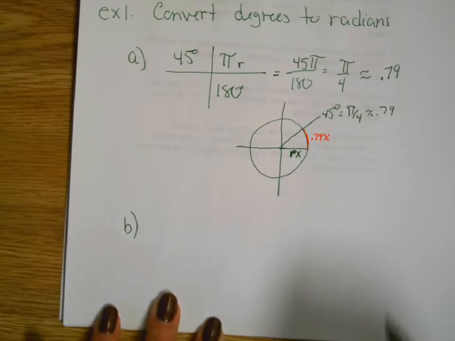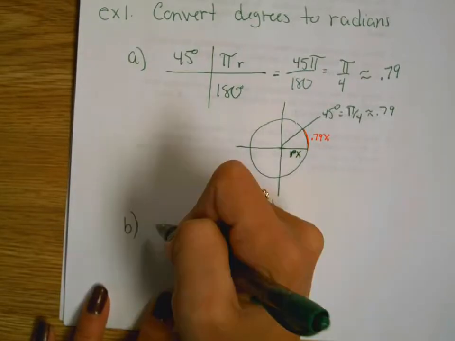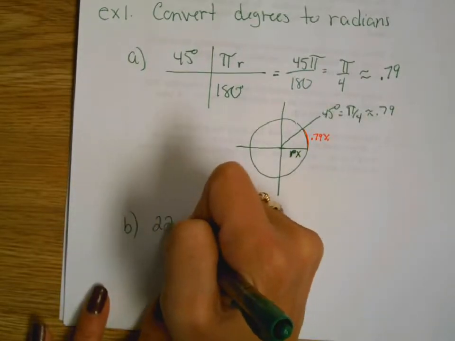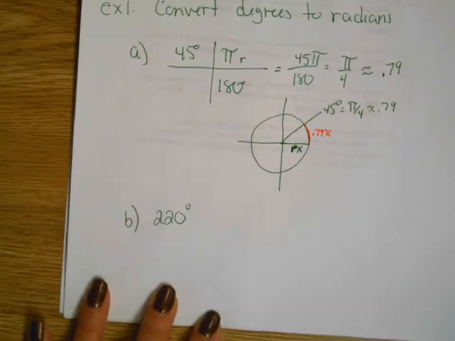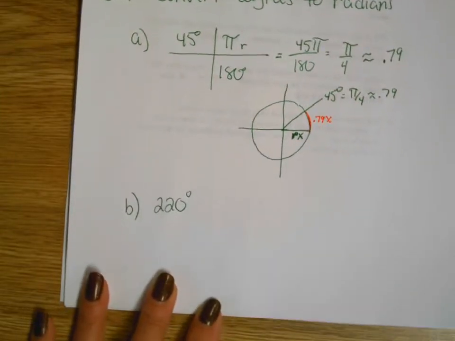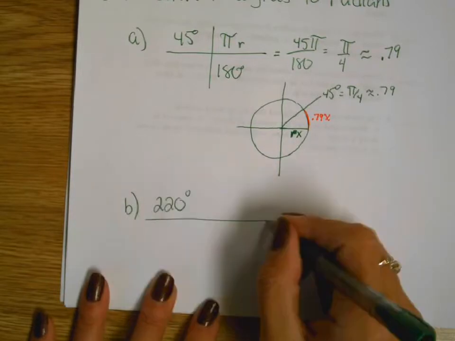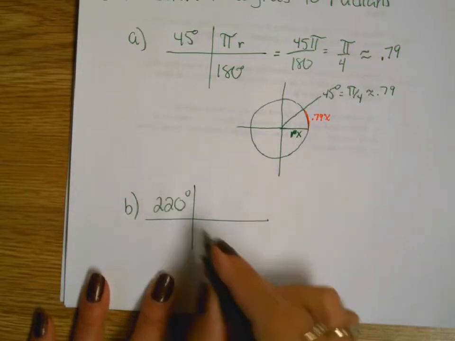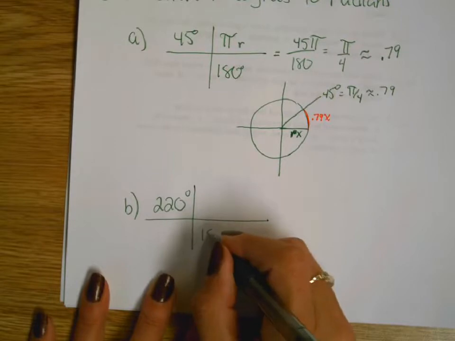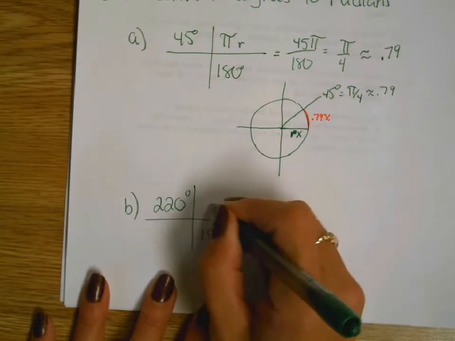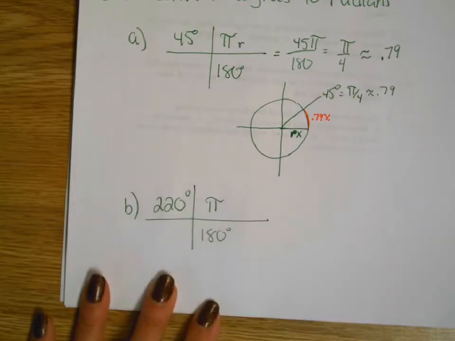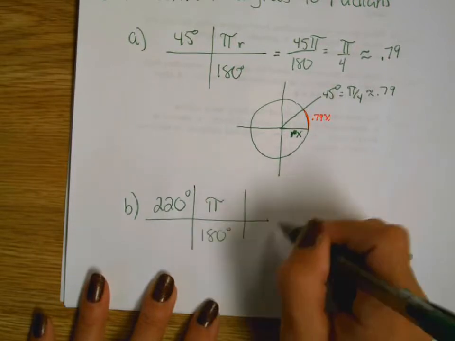Let's go with 220 degrees. Convert that to radians and show me what it means. So again, we've got our conversion, 180 degrees, pi radians. I want the degrees to cancel, so it goes in the bottom, so we're actually dividing by 180, multiplying by pi, and then we work it out.